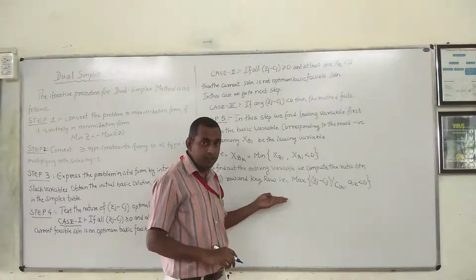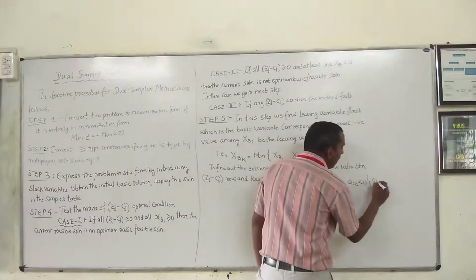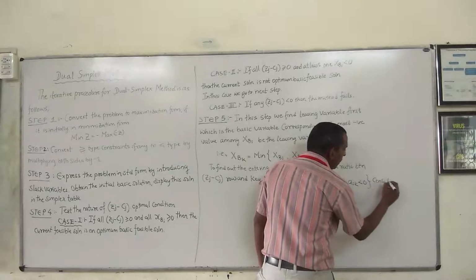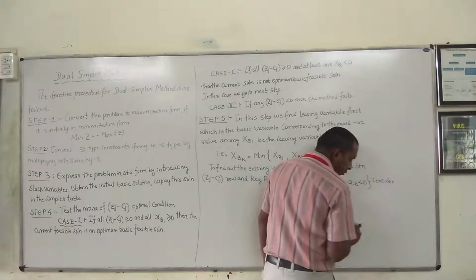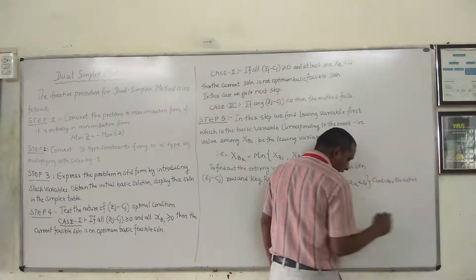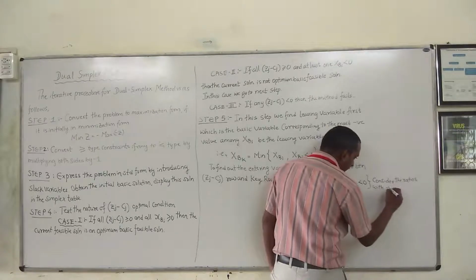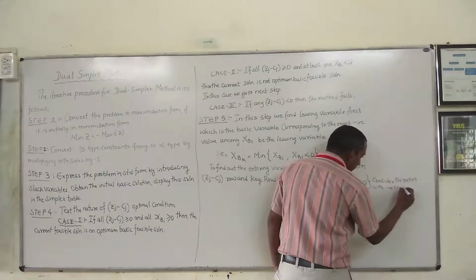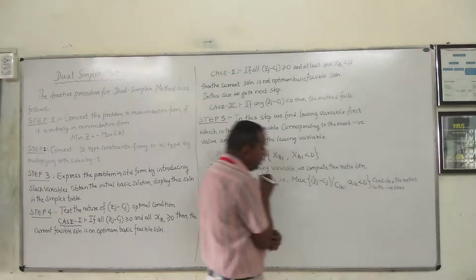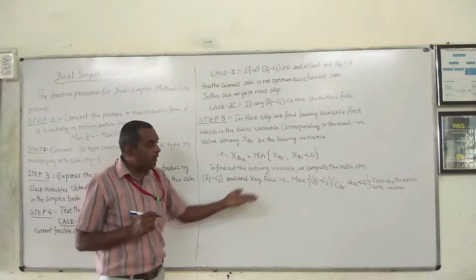Continuing with step number 5. So we need to consider what here? Consider the ratios with negative ones, because we need to find the entering variable.